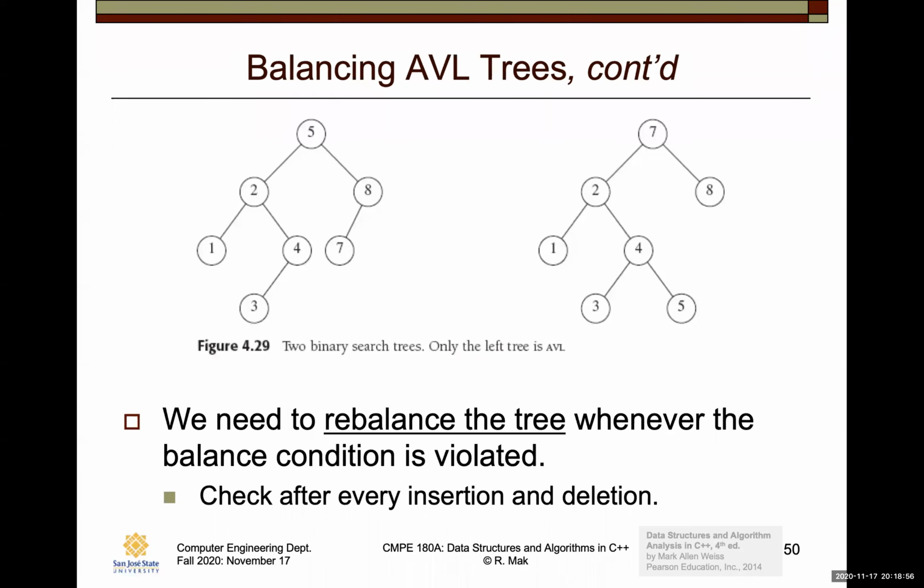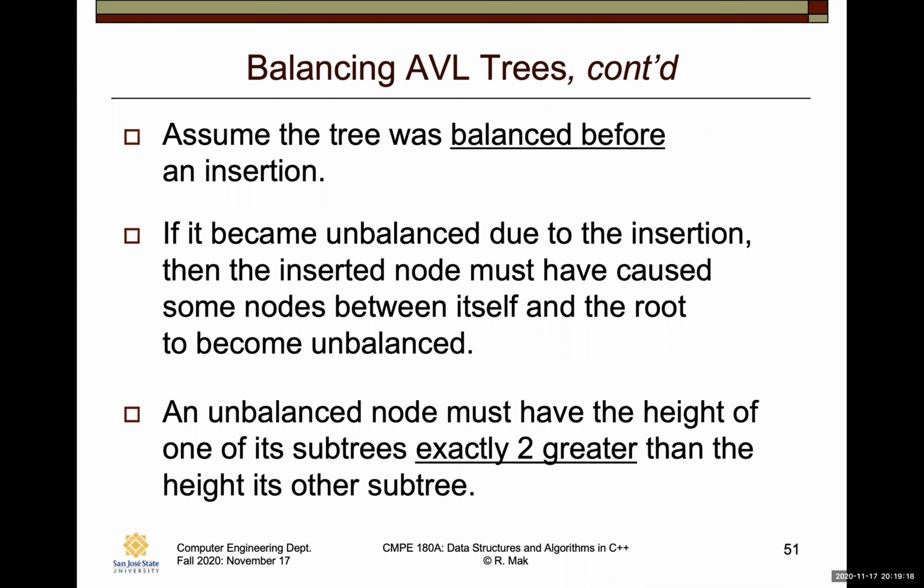So after inserting and deleting a node, not only is the tree still a binary search tree, but we're going to make sure that it's still balanced. And if the insertion or the deletion caused the tree to become unbalanced, then we have to rebalance it. So here's how we do this.